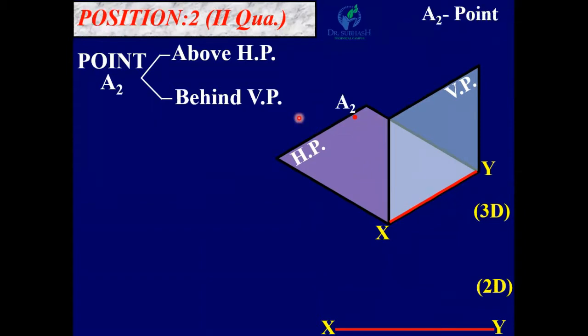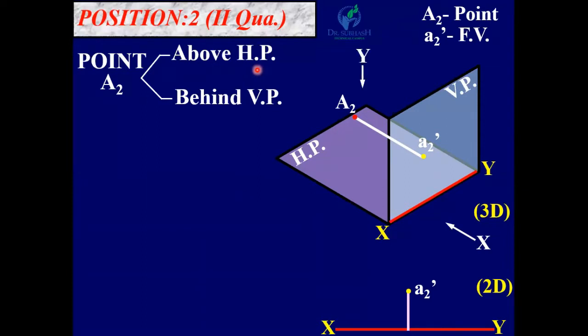So A2 is the original point. Now looking from this direction X, the projection, the front view, is on VP, denoted by A2 dash. A2 dash is the front view and is above the XY line. So the distance of A2 dash is equal to the distance of the point from HP.